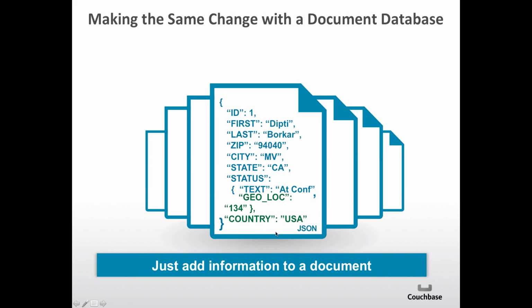But let's take a look at an example of one of the main advantages of using a document database, which is schema flexibility. In a relational world, when you change the schema of an application, there are several changes that need to be made. Here we have an example of a social application.